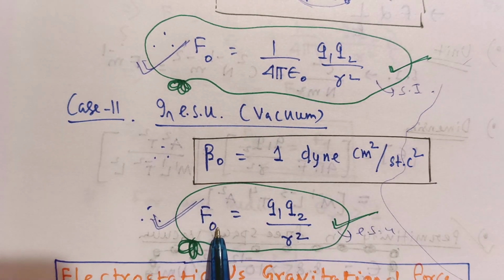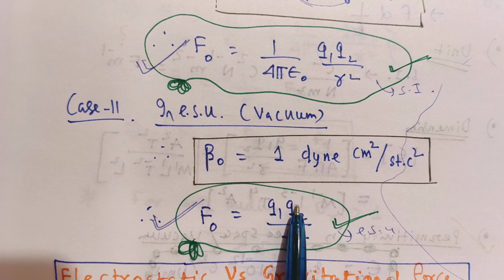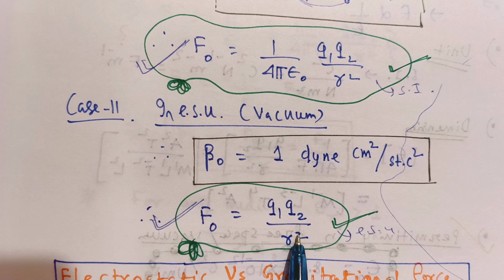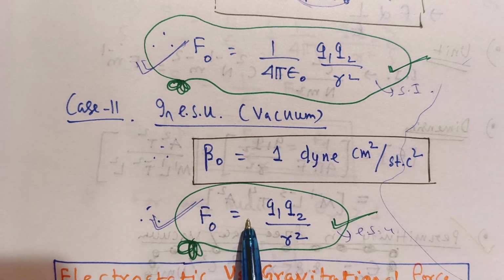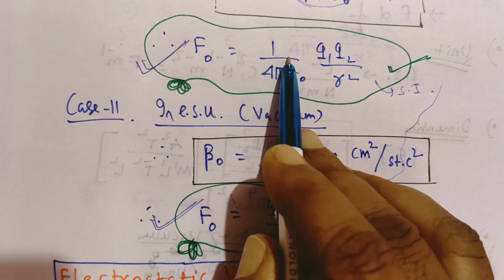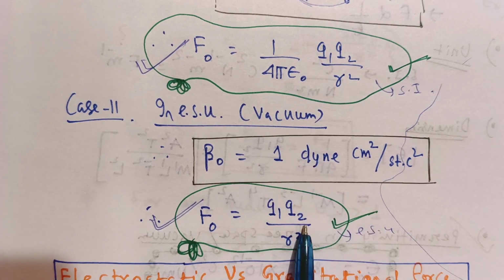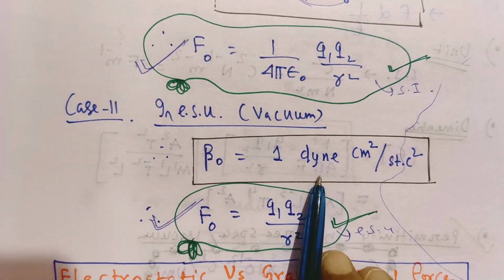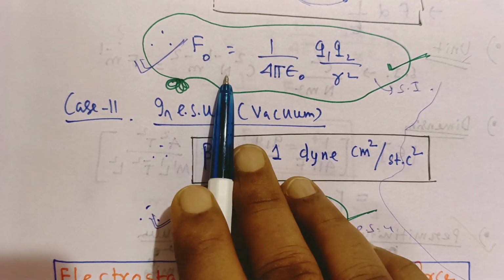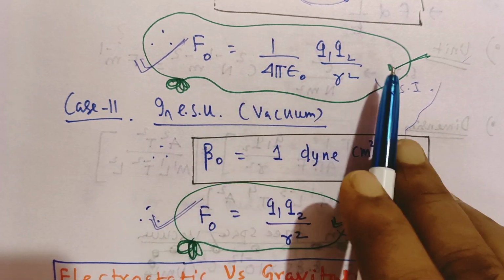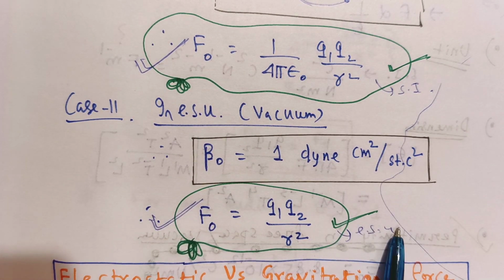In CGS system the formula will be Q1 into Q2 by R square. Why? Because this proportionality constant is different in SI system and in CGS system or electrostatic unit. So you should not forget about these two formulas while doing the problems in electrostatics.